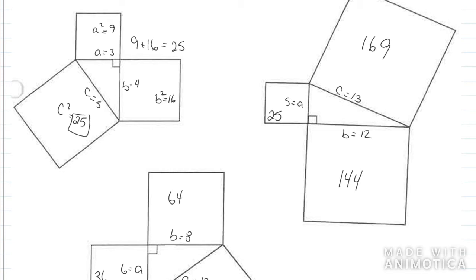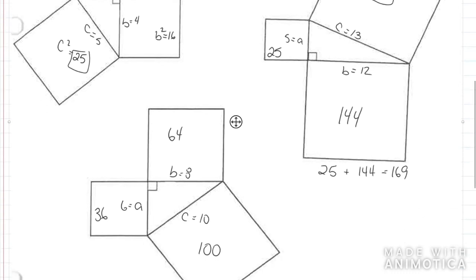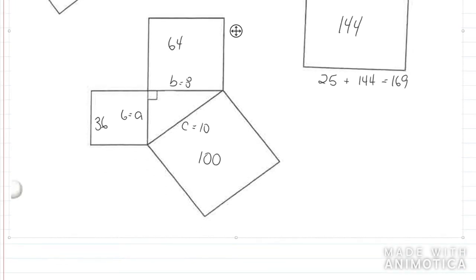Let's try another one. What is 25 plus 144? Well, that's 169. Oh, okay, two of them. Let's see if the third one works. 36 plus 64 is equal to 100.